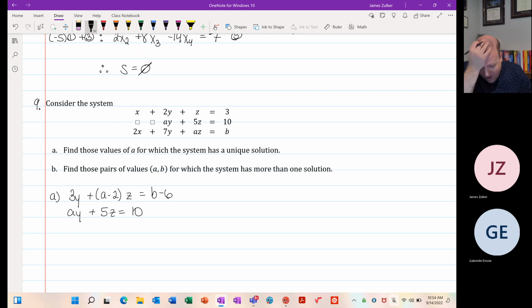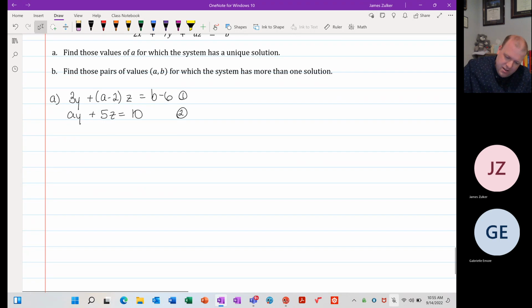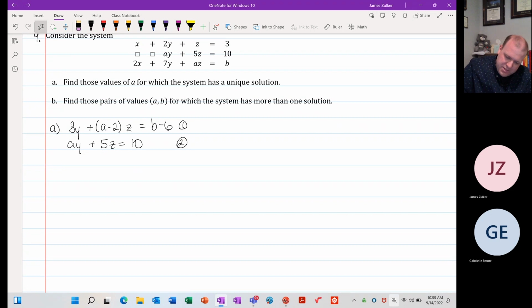Try to get rid of the y's. And I'm going to label these because it's going to get a little complicated. I'm going to multiply the first equation by -a/3 and add it to the second. That gets rid of the a's.